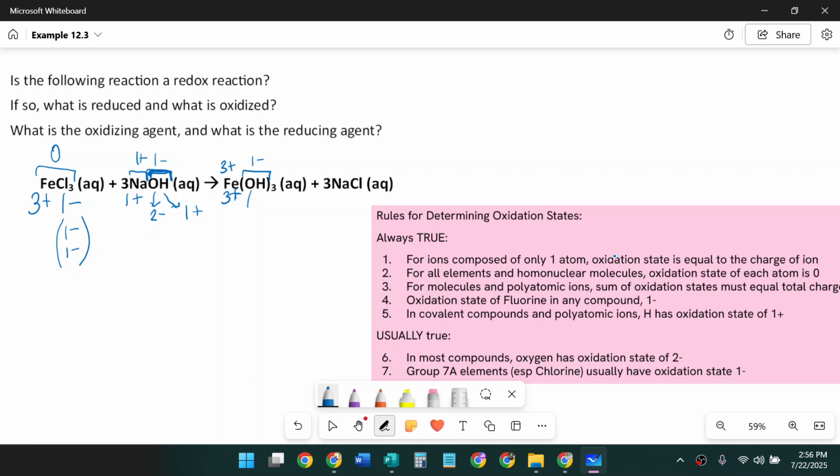But again, we have to take the different pieces, because oxygen's rule is in the usually true and hydrogen's rule is in the always true. We're going to go with number 5, the always true, so hydrogen is +1. And because we want the overall charge to be -1, that means we need 2 minuses to balance out that 1 positive. So 2 minus.